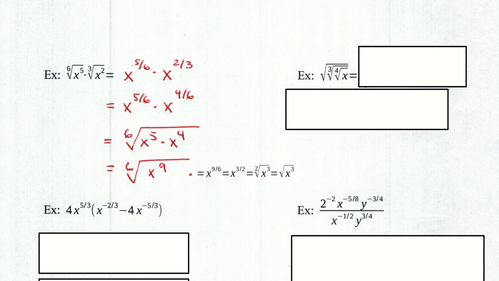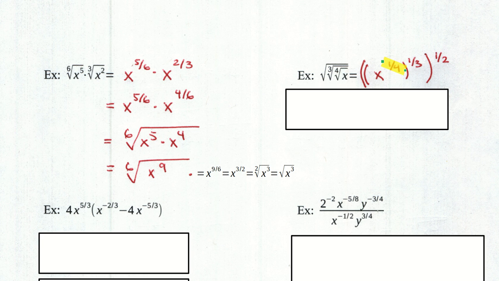So when we rewrite this with parentheses, the innermost set of parentheses are going to have to deal with that fourth root. So the innermost set of parentheses are going to be the 1/4 exponent, and then the next set of parentheses dealing with the 1/3 exponent, and the outermost set of parentheses dealing with the 1/2 exponent.